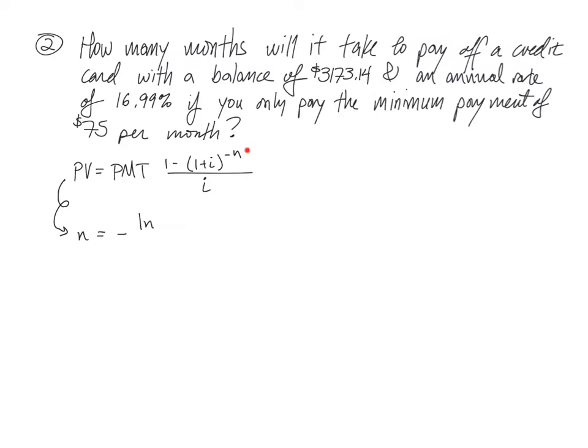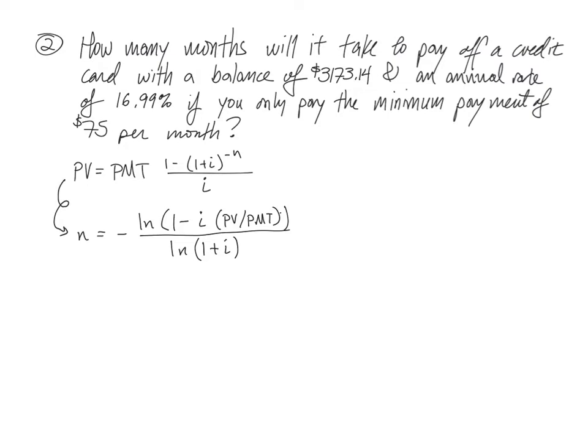Since we're solving for an exponent, there would have to be a log involved somewhere, and I've just chosen to use natural logs for this. 1 minus I times PV over PMT, all over, what is this? Natural log of 1 plus I. And so this formula here will make it a ton easier to just put some numbers in and simplify down and get some sort of answer.